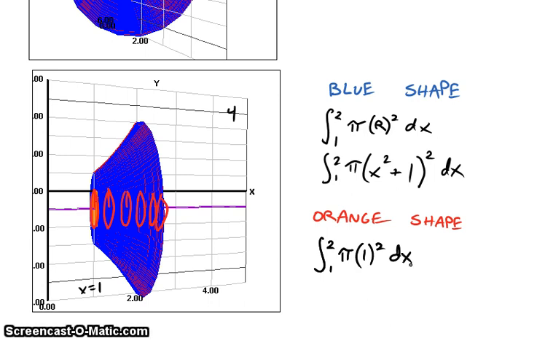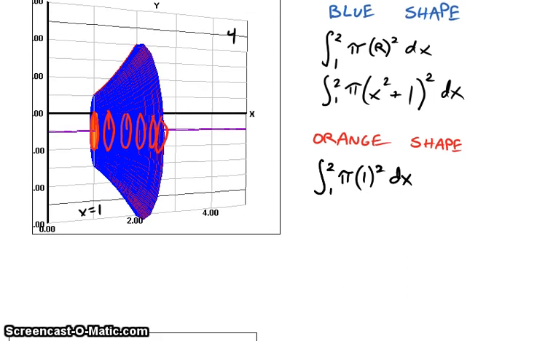Now, I'm not going to finish this problem right now, or maybe I will. I think I will. Let's finish the problem right now. So let's do the volume of the blue shape first. It is going to be, bring the pi out, from 1 to 2, x squared plus 1 squared.